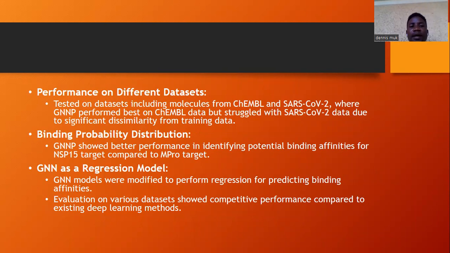And then we look at binding probability distribution. Here, GNNP showed better performance in identifying potential binding affinities from the NSP15 target compared to the MPRO target.